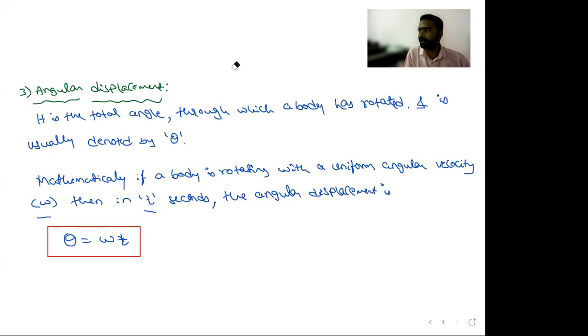The unit is radian. Theta is in radian. Is it completed? Yes, sir. Can I go for the next point?